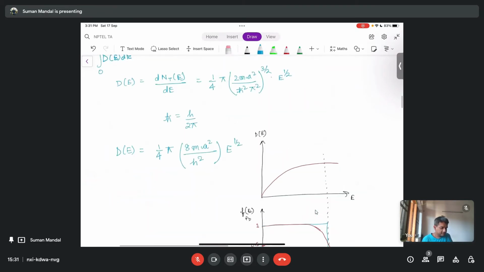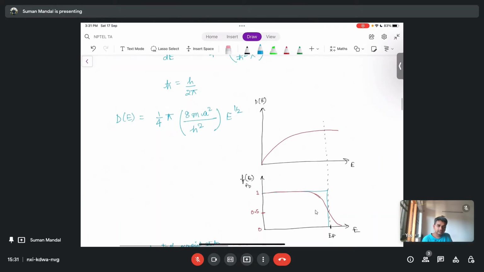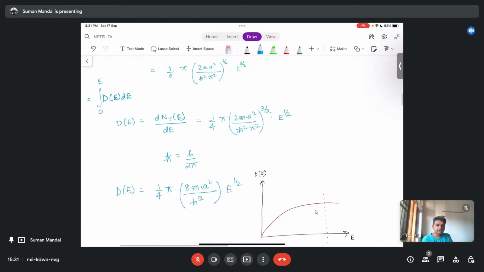Because last semester, once we studied the basics of semiconductors, there we had studied density of states is given by 8 pi root 2 m by h the whole square whole to the power of 3 by 2 root E. So this term was not there, and that led to the confusion. As you would have seen, this is more like a geometry thing, right?